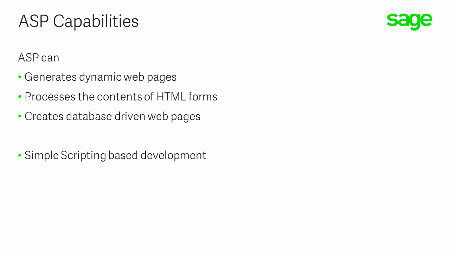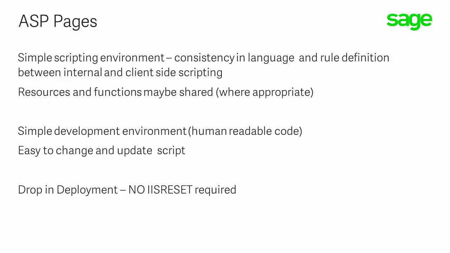The ASP pages themselves can receive passed-in information, either in the form of a request that is coming in the URL, or a request that is part of a submitted HTML form. So it's either in the form of an HTTP GET, or in the form of an HTTP POST. It can create all of our web pages entirely built on what the contents of the database is, dynamically changing those. And of course it does have a very, very straightforward scripting environment.